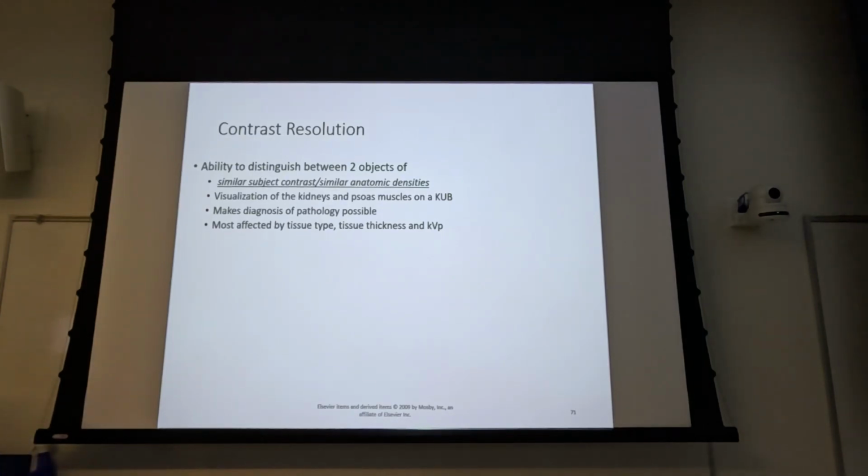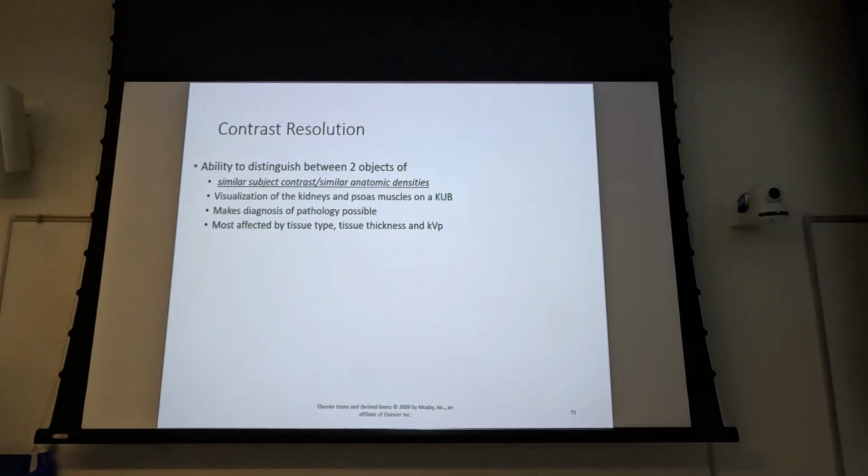And then eventually you start to be able to visualize the kidneys and maybe the inferior border of the liver. Certainly you can see the gas patterns because they're totally different tissue types. But that's your contrast. The question is, how sharp is that interface between the two? And that's your sharpness, recorded detail. So, make sure you don't confuse those two.